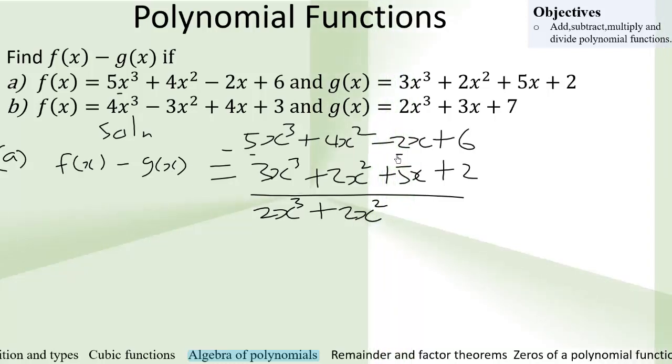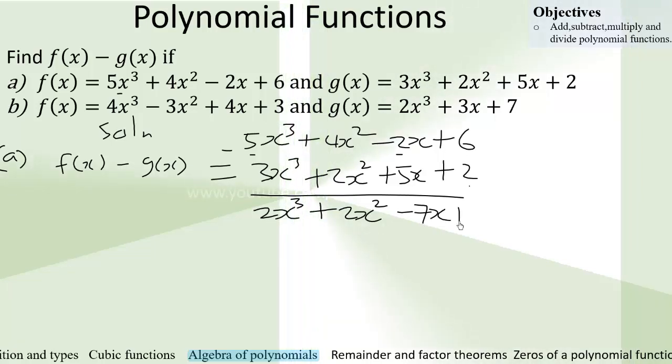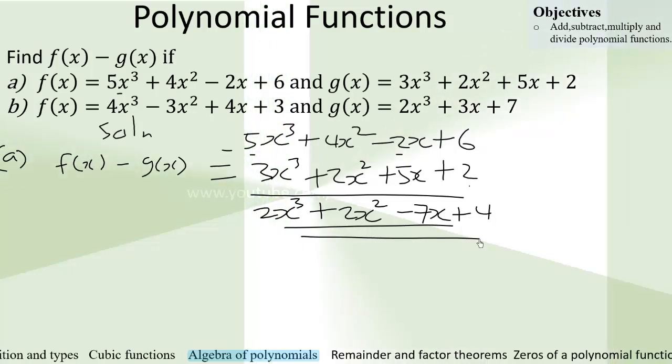And negative 2x minus 5x will be negative 7x, so minus 7x. Then 6 minus 2 will be 4, positive 4. So that will be the result for f of x minus g of x: 2x cubed plus 2x squared minus 7x plus 4.